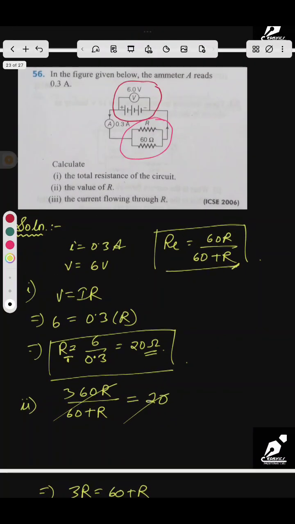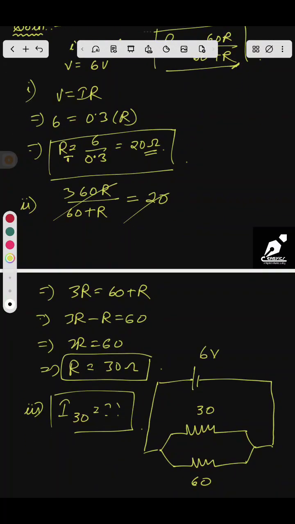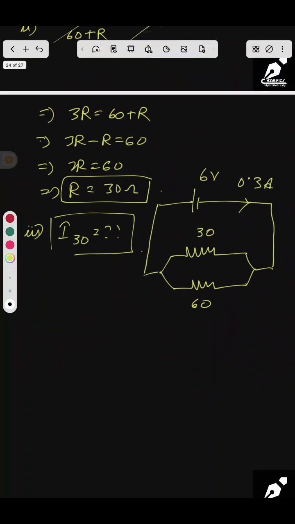The battery was 6 volt and the current flowing in the circuit is 0.3 ampere. That is the diagram given. Now we are asked to find out the current in here.